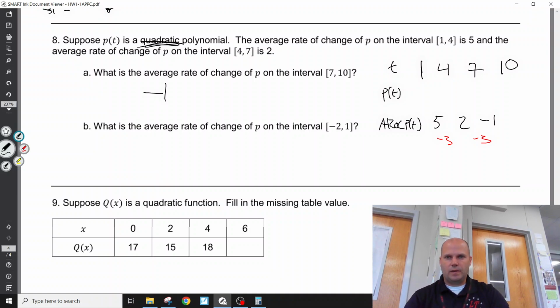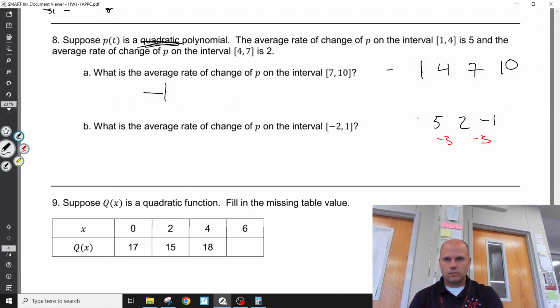So you have to decrease 3. If you're talking about negative 2 to 1, the average rate of change has got to be minus 3 to get to 5, which means it must be coming from 8.